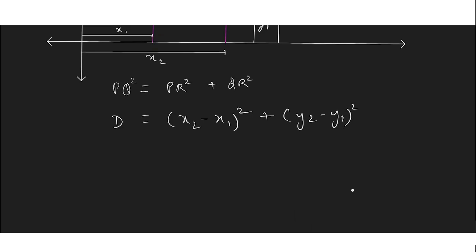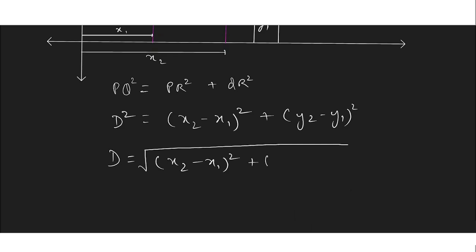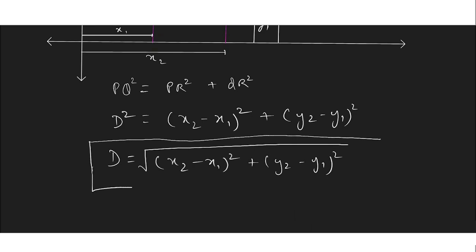Let's call it D. So this will be D square, or D is equal to square root of x2 minus x1 whole square plus y2 minus y1 whole square. This is called the distance formula, and this formula is used when we have to find distance between 2 points whose Cartesian coordinates are known to us.